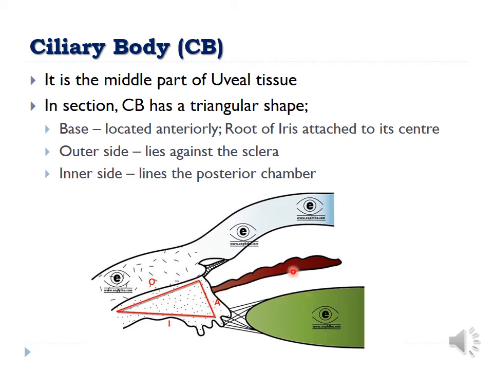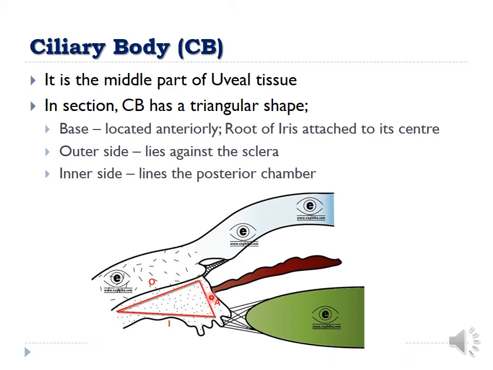This is the anterior one, this is the ciliary body, the middle part, and from here on it goes as choroid. It has three sides: a base, an outer side, and an inner side. When you take a cut section, it appears like a triangular body, the ciliary body.